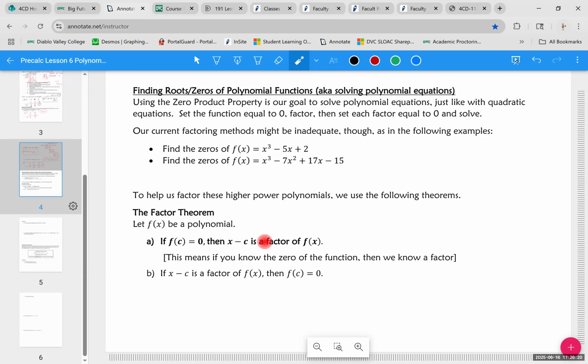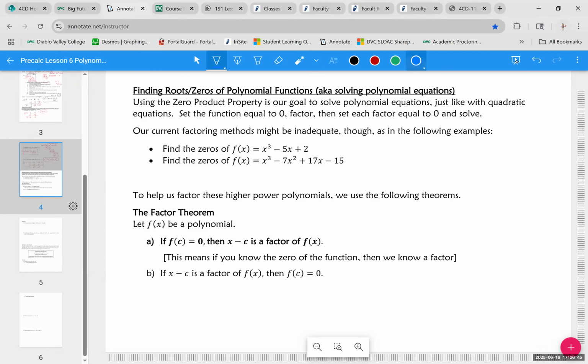And what it tells us is if f of c equals 0, in other words, there's some number that when you plug it in to this function, you get 0, then that means x minus that number is a factor of that equation. So what that basically tells you, if you know a 0, then you know a factor, right?